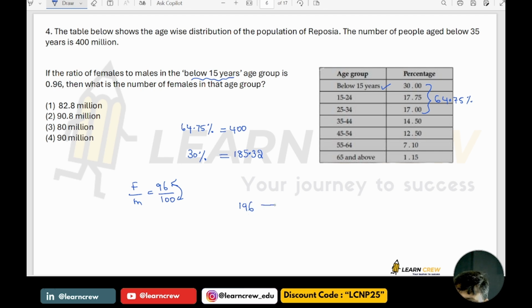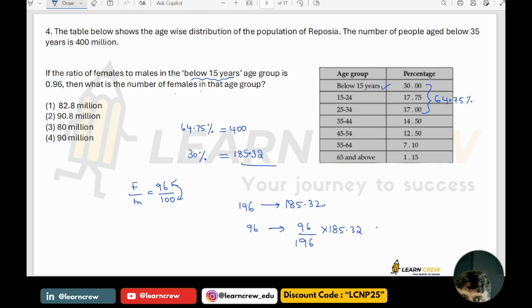If the total is 196, which corresponds to 185.32, then it is asked for the number of females. Number of females is 96 by 196 into 185.32.